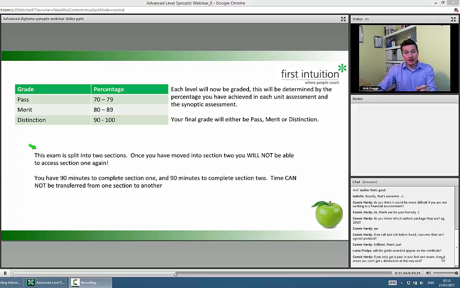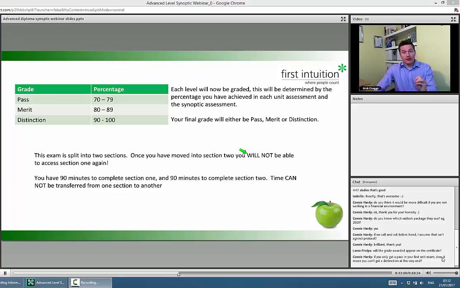You can go back to one. That's fine. You cannot do this in this exam. If you move from section 1 into section 2, you will not be able to access section 1 again. So if you think, well, I'll come back to this, and you go into section 2, you will not be able to go back to anything in section 1. You will get a warning, but you cannot go back to it.